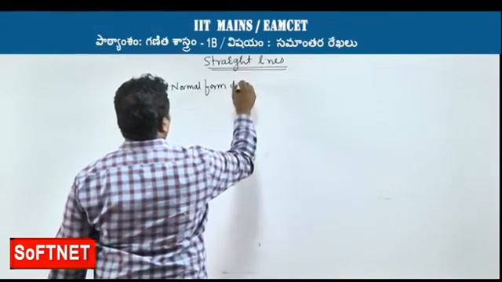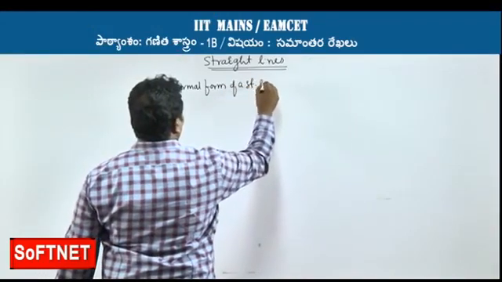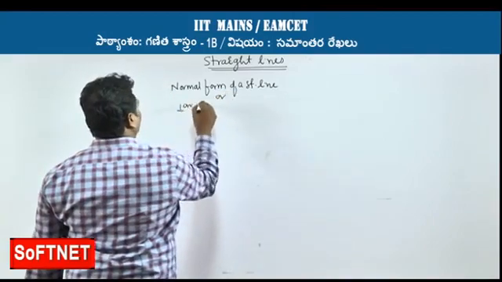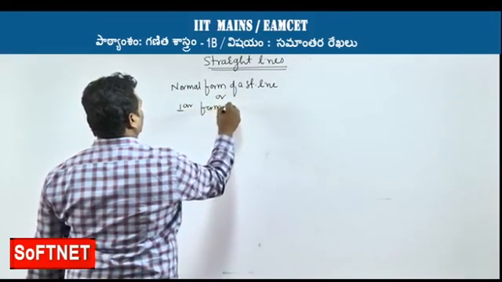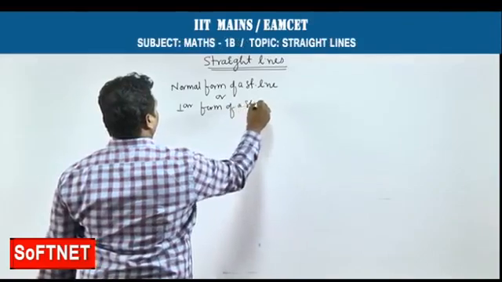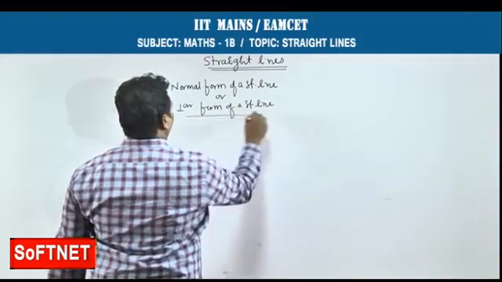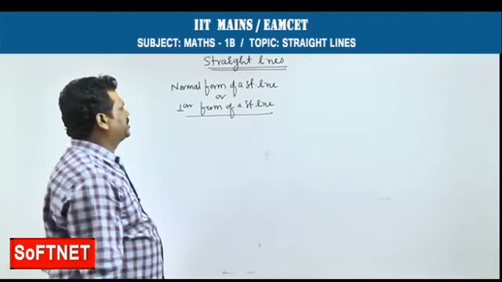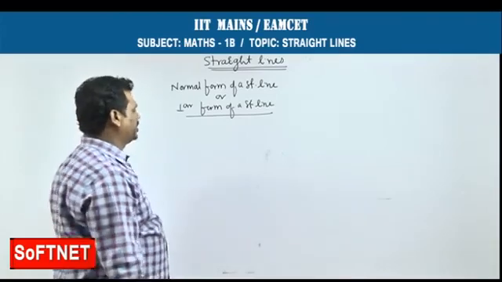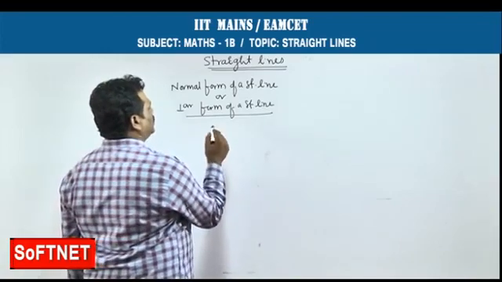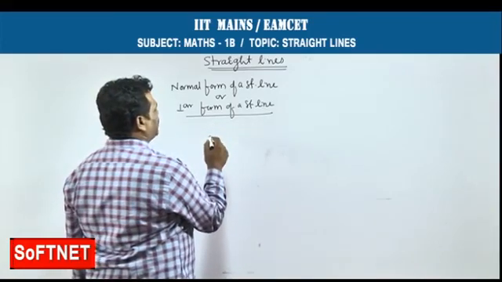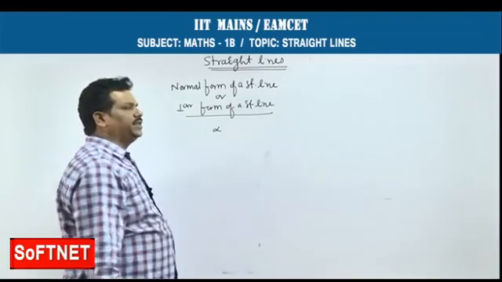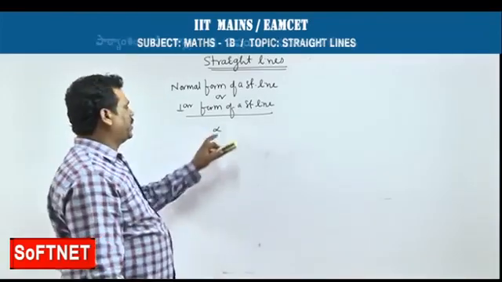Next definition is the normal form of a straight line, or perpendicular form of a straight line. The equation of the straight line which is at a distance p from the origin, and alpha is the angle made by the perpendicular.